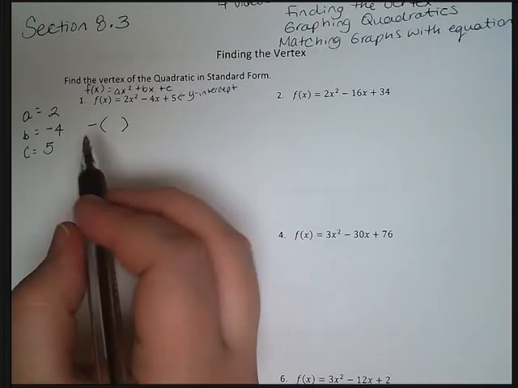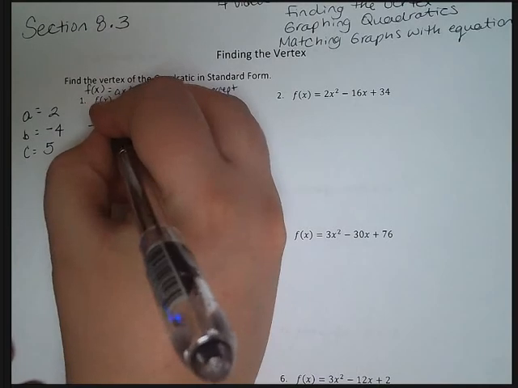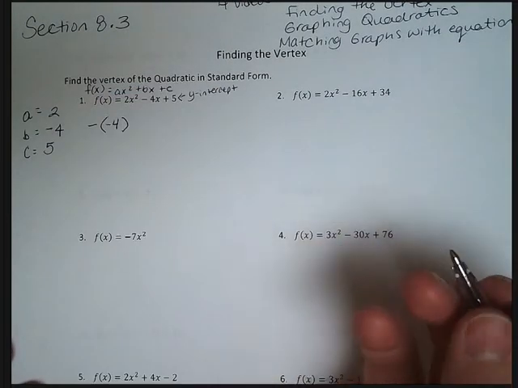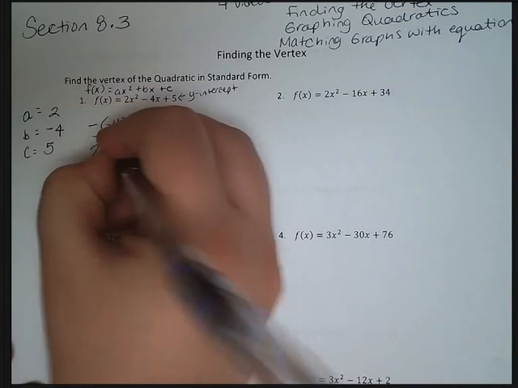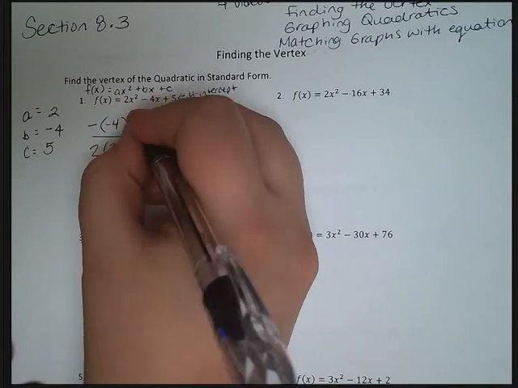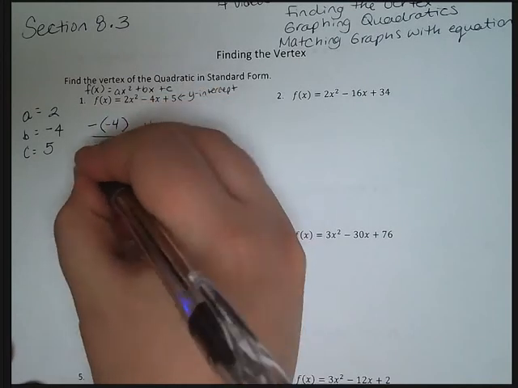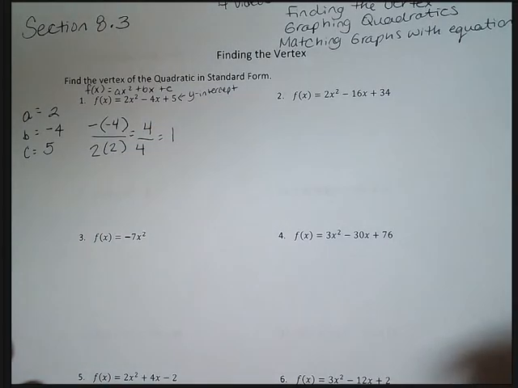So, negative, and then b is negative 4. So it's actually asking for the opposite of negative 4 over 2a. So the opposite of negative 4 is 4. 2 times 2 is 4. And 4 over 4 gives us 1.